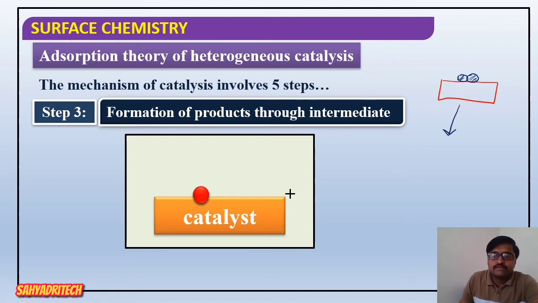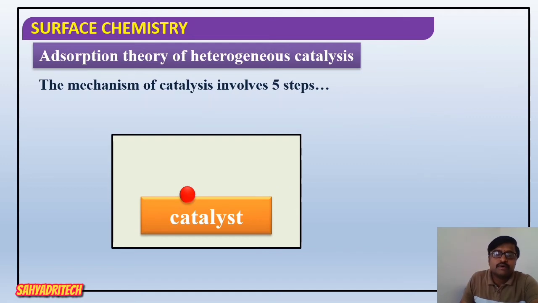There will be formation of an intermediate, then the intermediate is converted into product. There will be formation of a product molecule on the surface of a catalyst. Once product is formed, does the product remain on the surface of a catalyst? No. Then the third step is completed, that is formation of product through intermediate formation.